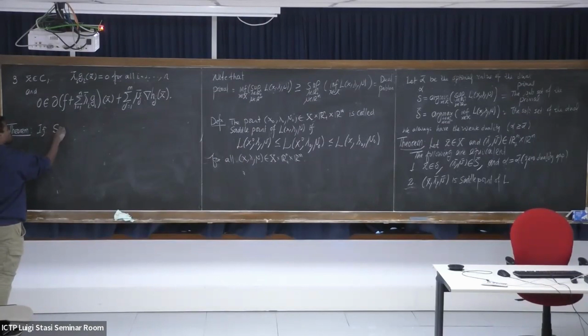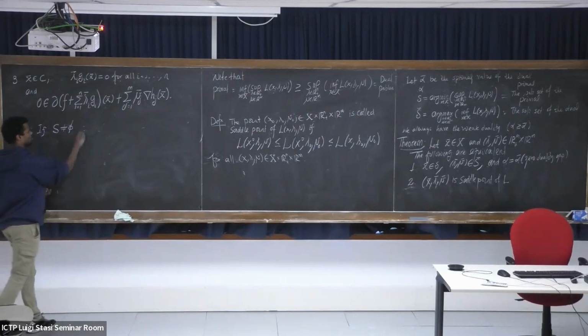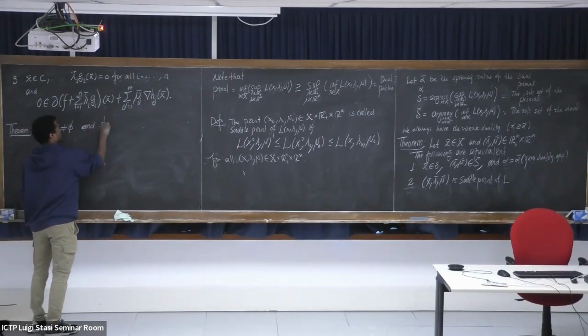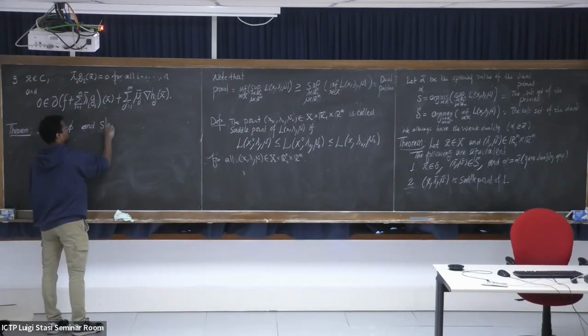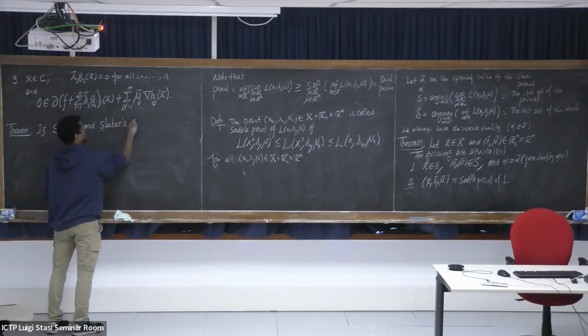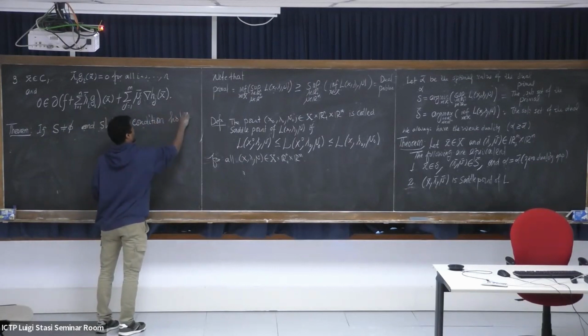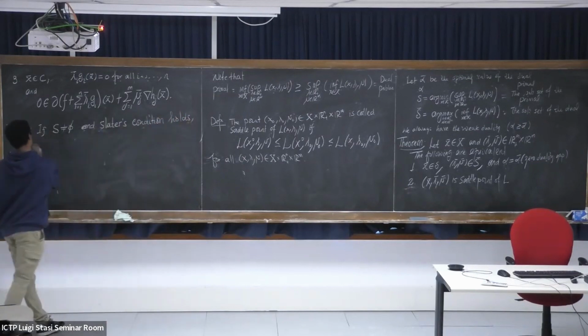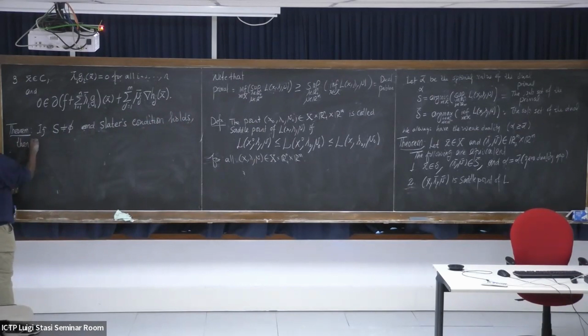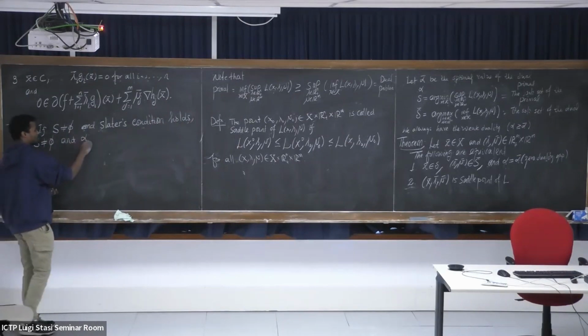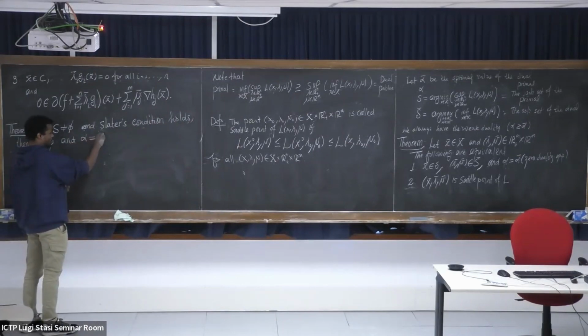If the solution of the primal problem is attained, and the Slater condition holds, then the solution of the primal problem is attained, and the optimal value of the primal and the optimal value of the dual are equal.